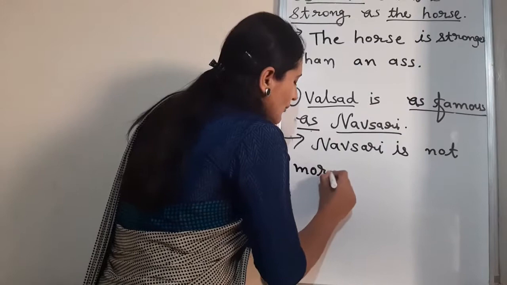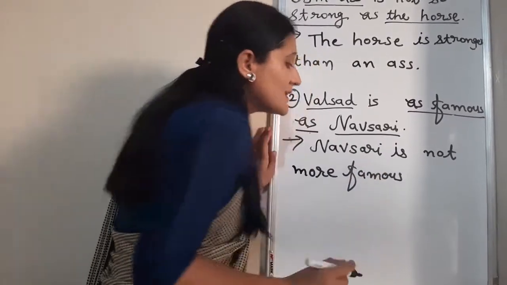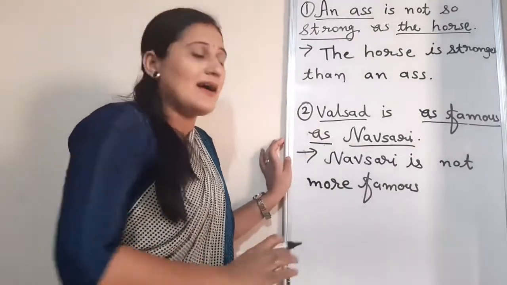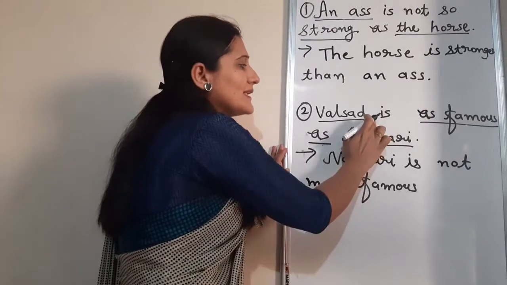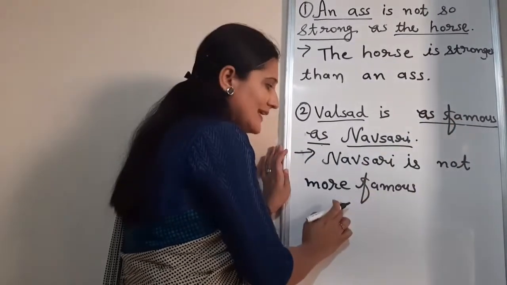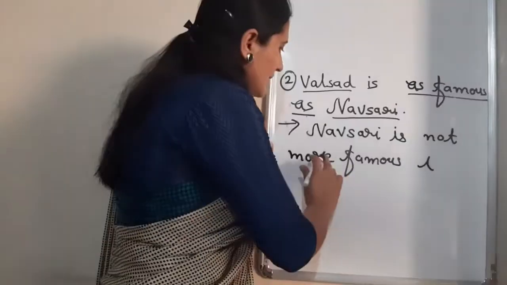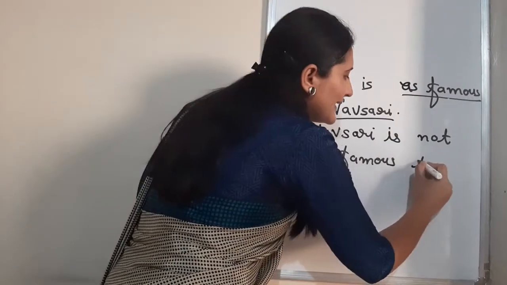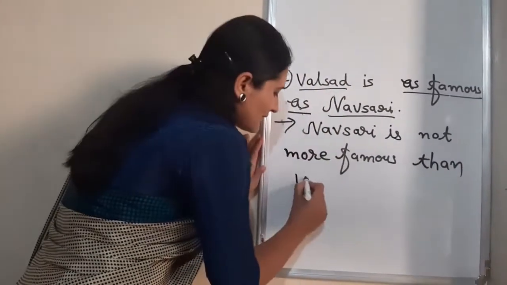Is not more famous. If the adjective is like that, in which you cannot add er, you need to write more plus adjective. Simply positive, negative; second, if the adjective is small, then er. If the adjective is difficult or long, then more. See, more famous, then we need to add our second subject, that is Valsad.